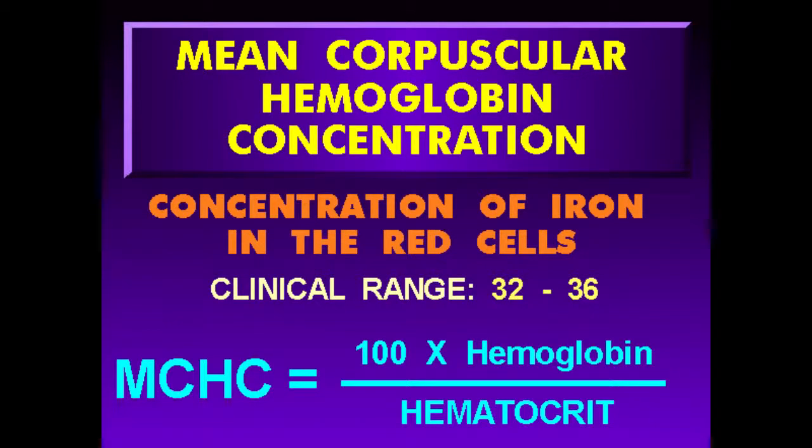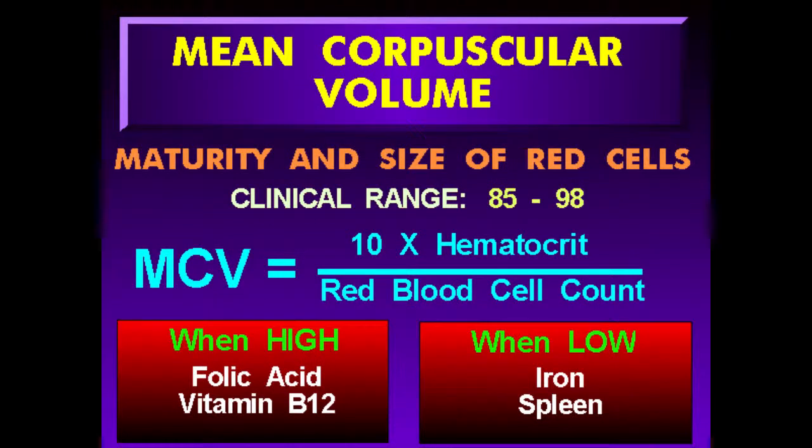The mean corpuscular hemoglobin concentration, or MCHC, reveals the concentration of iron in the red cells. The calculation is to multiply the hemoglobin by 100 and then divide this figure by the hematocrit. And last, the mean corpuscular volume, or MCV, indicates the size or maturity of the red blood cells.